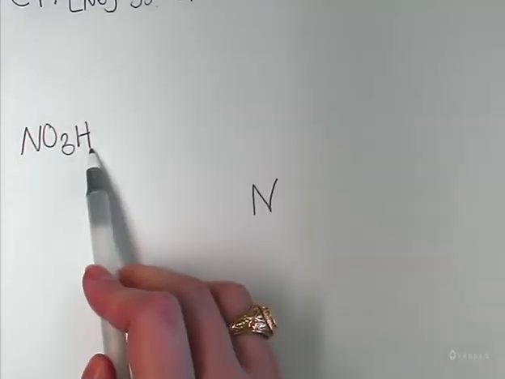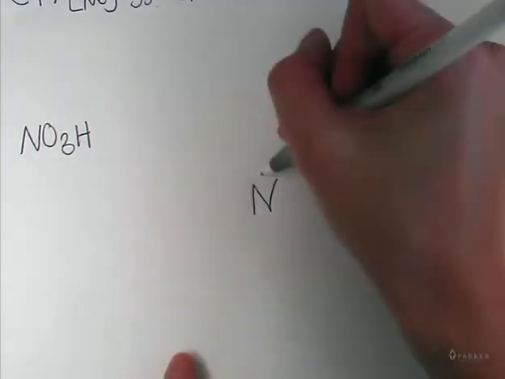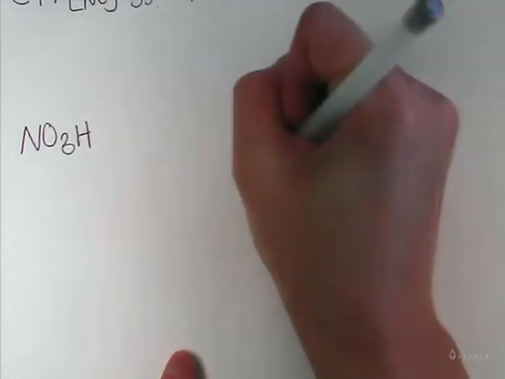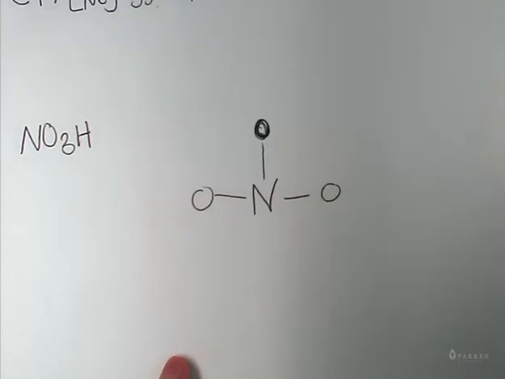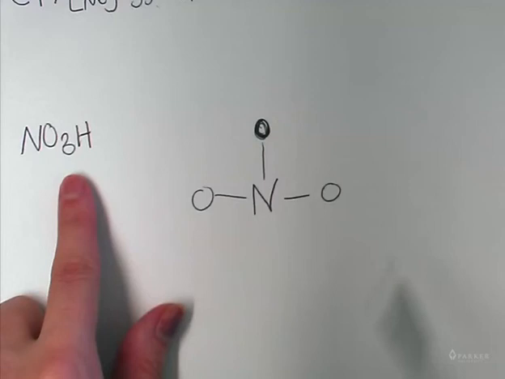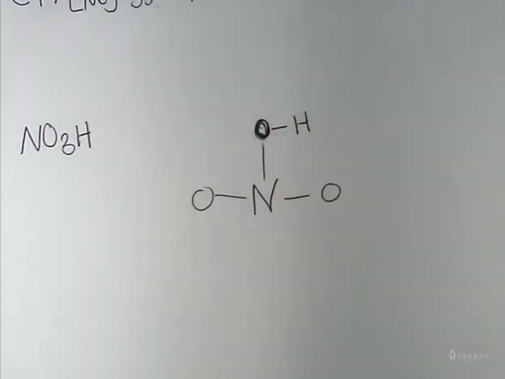And this hydrogen, what is it bonded to? One of the oxygens. So I'm going to bond all of my oxygens with single bonds. Okay? And then my hydrogen, I'm going to put on one of the oxygens. Does it matter which one? No. I'm just going to put mine right here.